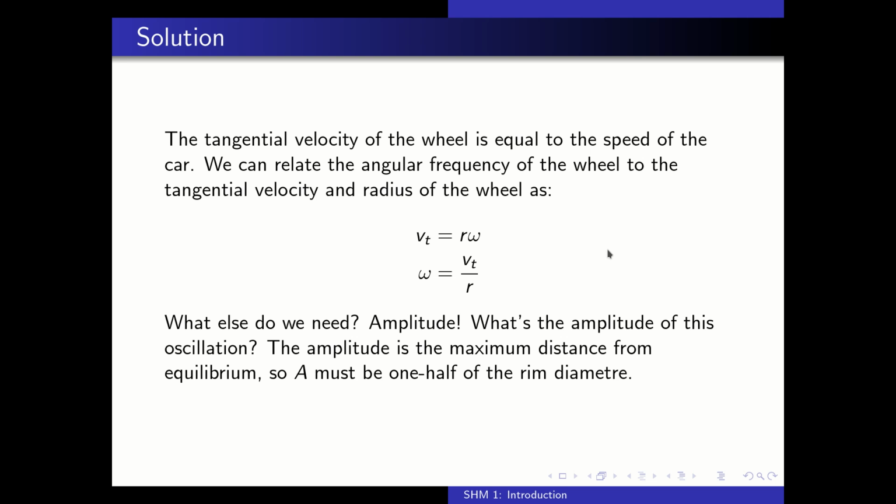The amplitude of the motion then is the radius of the wheel, and therefore we have A, we have omega. Let's set delta equal to 0 for simplicity, and we can write out our position function.